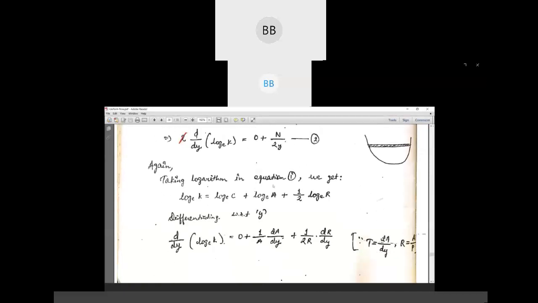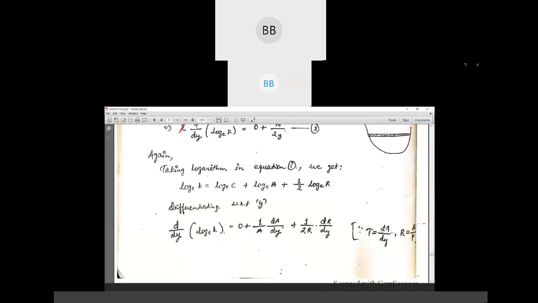So next again you take log for equation number 1. This is your log. Then again you have to take differentiation with respect to y.